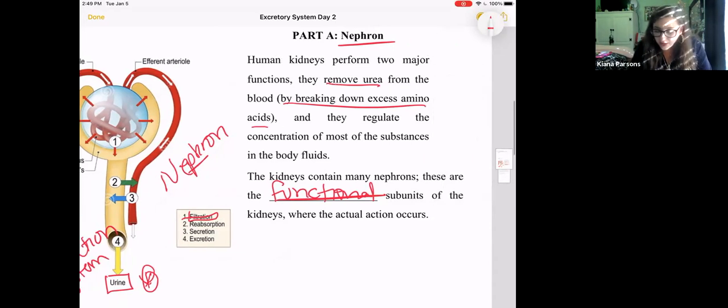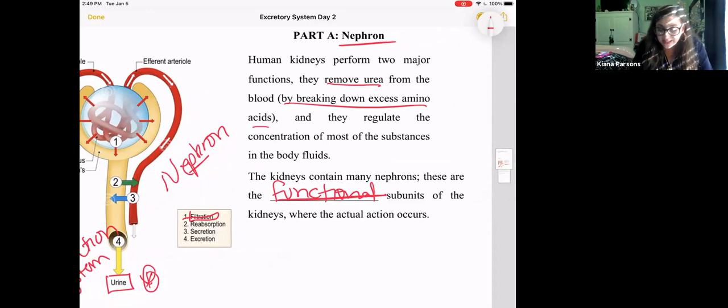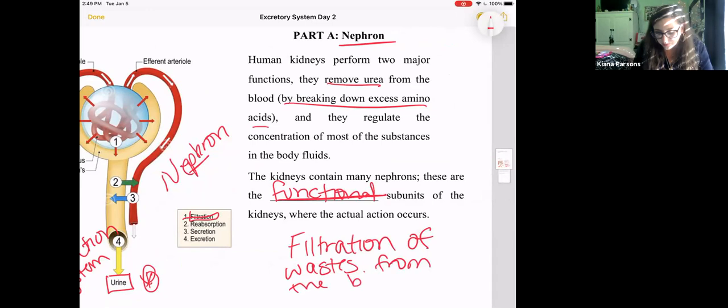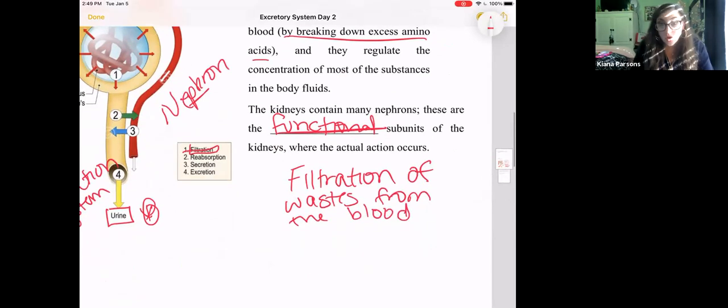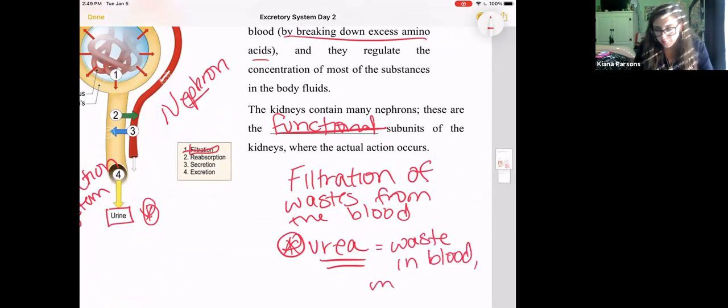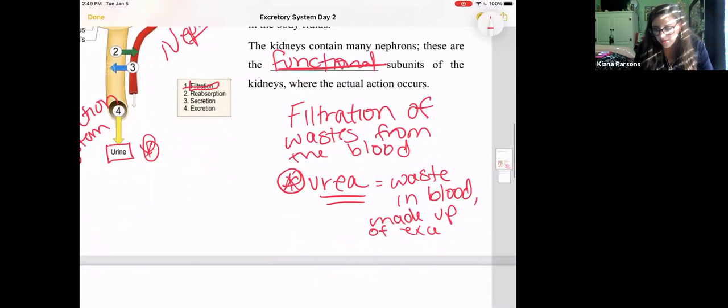The kidneys contain many nephrons. These are the functional subunits of the kidneys where the actual action occurs. And again, what that actual action is, filtration of waste from the blood. And the term we use to describe those wastes is urea. And it is made up of excess amino acids, which at that point are called uric acid.